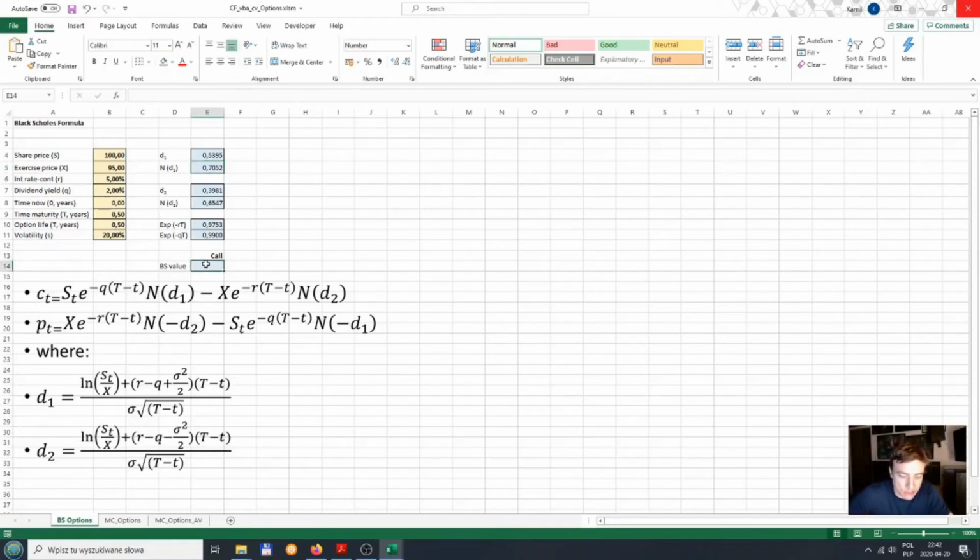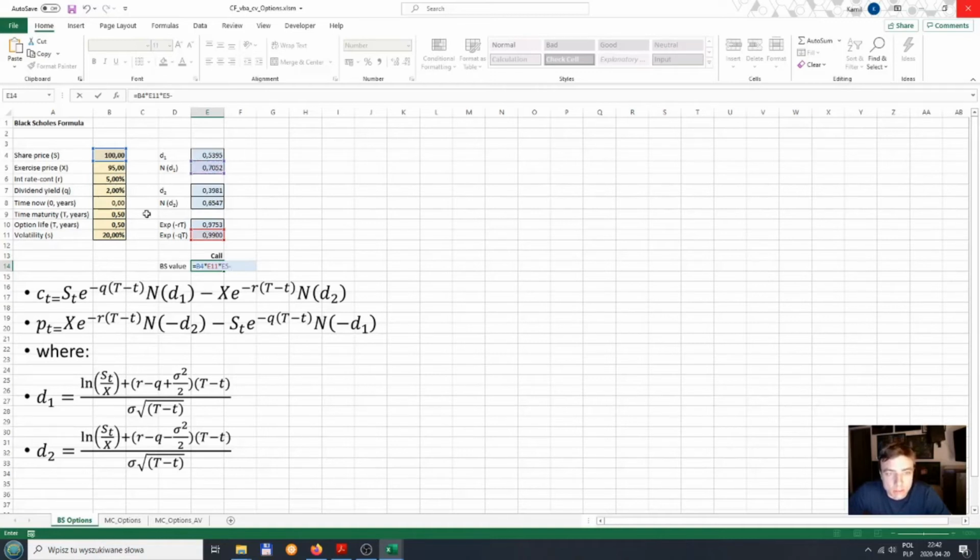So let's put it all together and calculate the price of an option according to this model. So I have a share price. I'm using this discount factor for a dividend yield, because I want to receive a dividend, and I'm using this ND1, which is kind of like a discount factor also, not different.